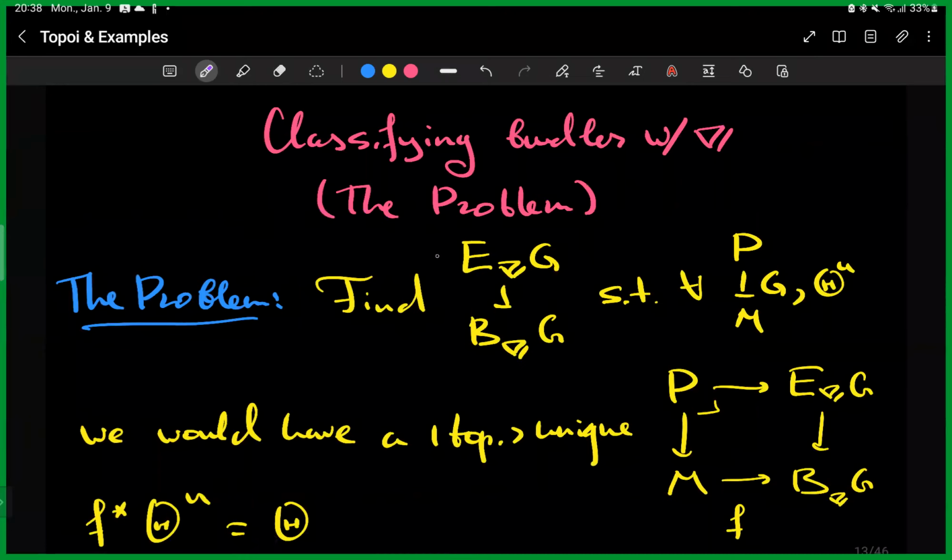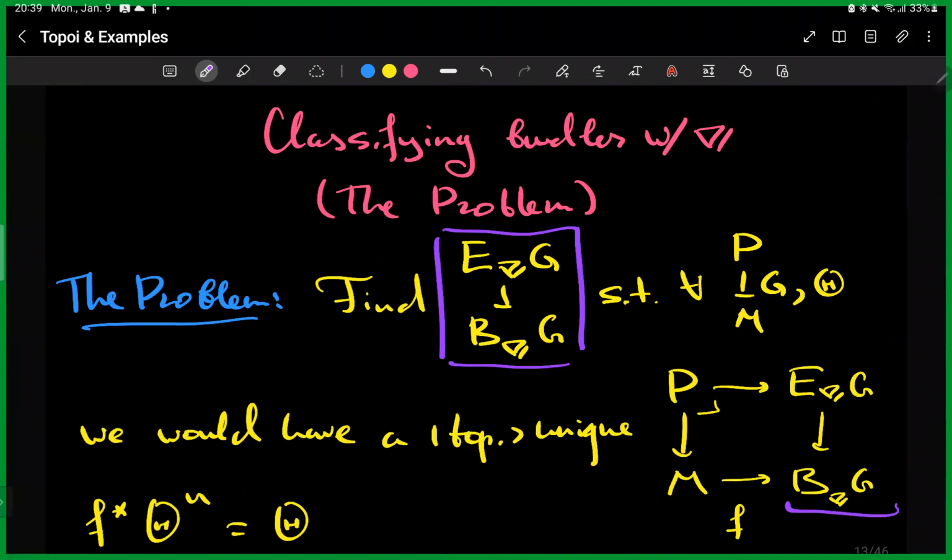We want to find some universal bundle with connection such that for any principal bundle with connection, we would have a unique morphism from M to this classifying something, such that this universal bundle pulls back to our bundle, and this universal connection pulls back to our connection.